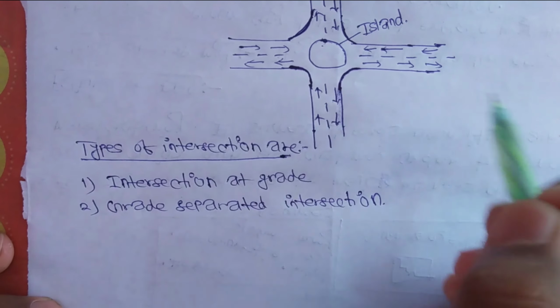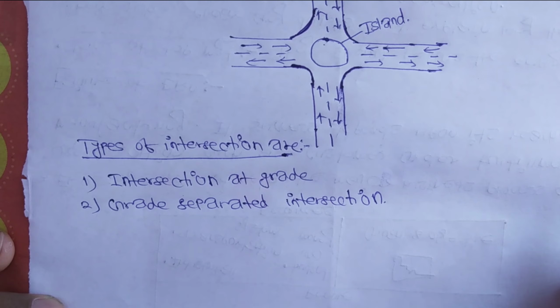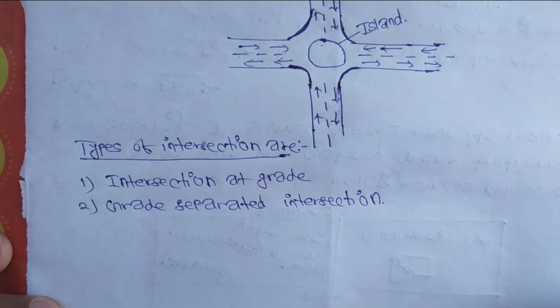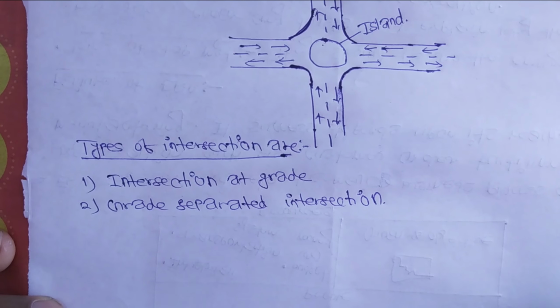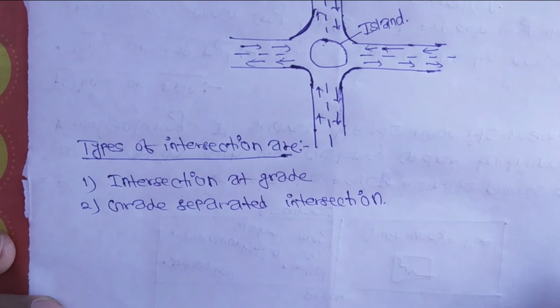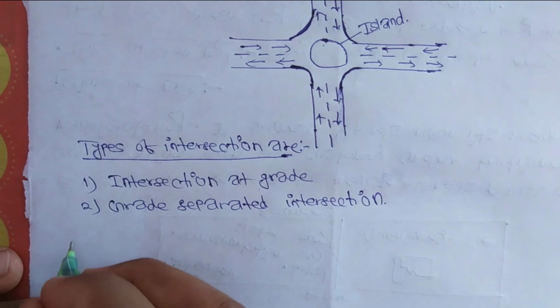So let me tell you more points about the intersections. Intersection design plays an important role and is dependent upon safety, speed, cost of the operation and efficiency of the road system. The geometric layout should be selected such that it prevents hazardous movement by the driver.